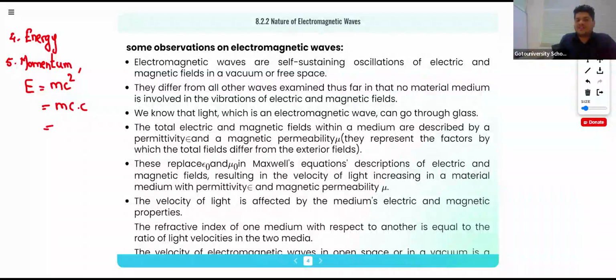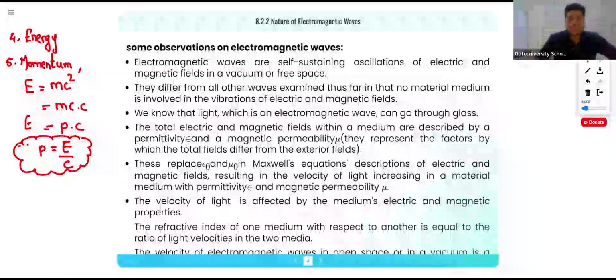What is mc? mc is mv, which is p. So E will be equal to p into c, therefore p is equal to E upon c. Momentum will be equal to E upon c.